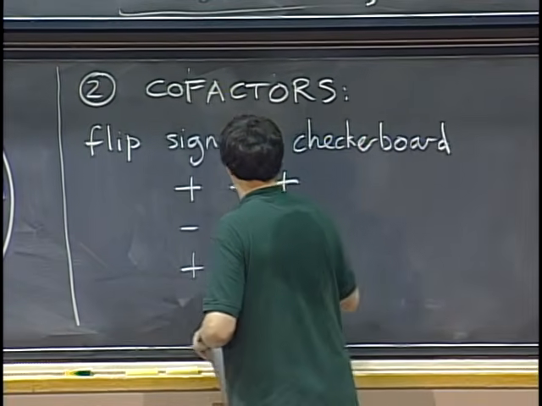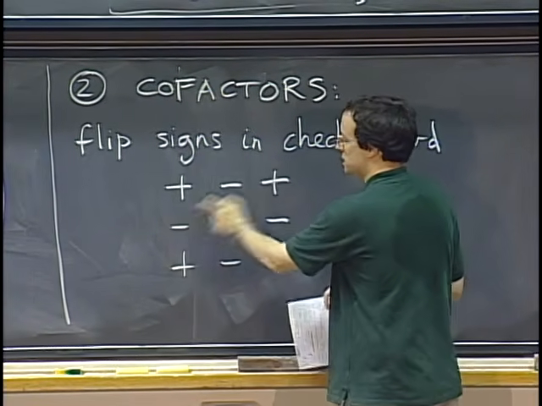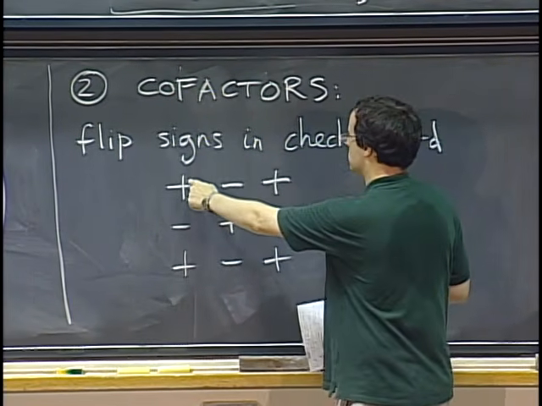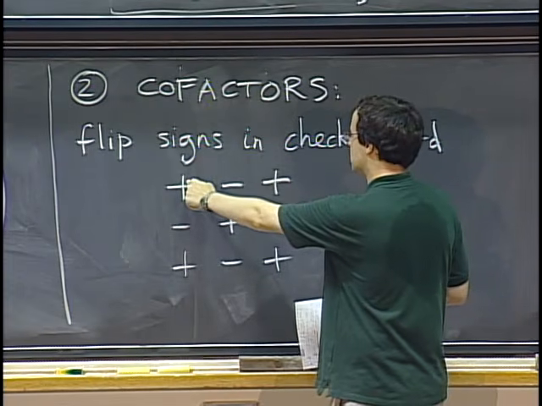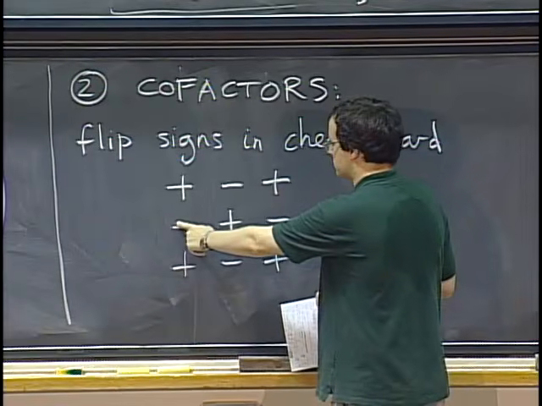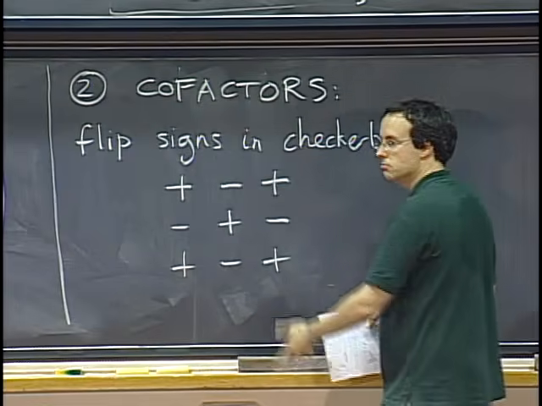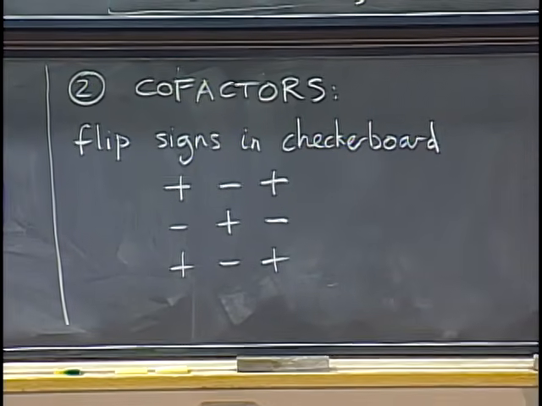You start with a plus in the upper left corner, and you alternate pluses and minuses. If there's a plus somewhere, then there's a minus next to it and below it, and below a minus or to the right of a minus, there's a plus. That's what it looks like in size 3 by 3.